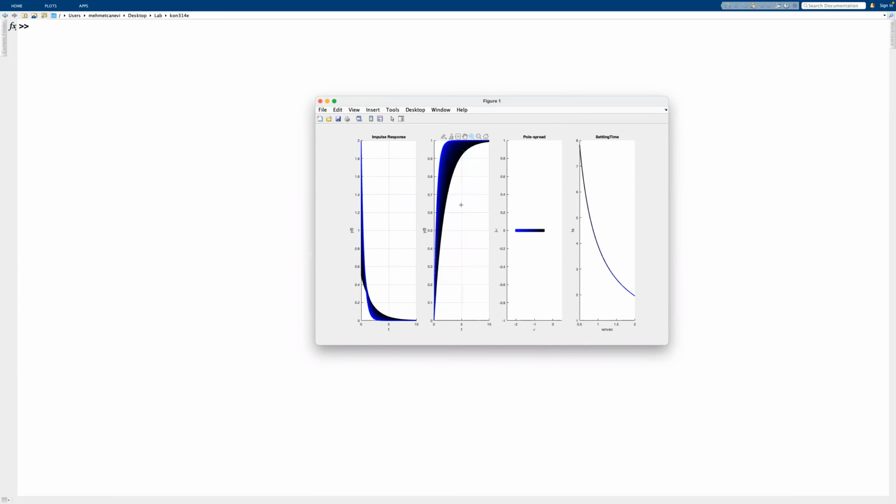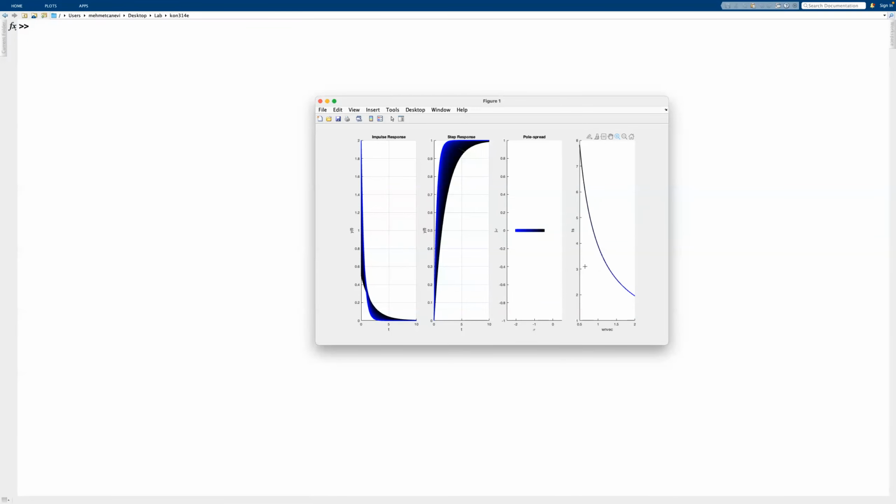Settling time is the amount of time which we have to wait so that the system settles down. Therefore, there's an inverse relation here. If we speed up, the amount of time that it takes to settle down is going to shrink or go down in value. So this is going to be an inverse relation here.